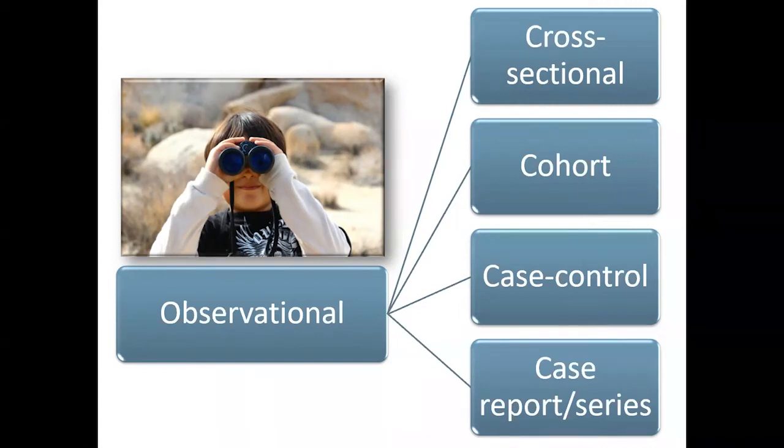So just to introduce what those types of studies are, a cross-sectional study is really data collected from a large group of people during a specific snapshot in time. Cohort studies observe what happens to a group of people over a period of time, sometimes even decades.